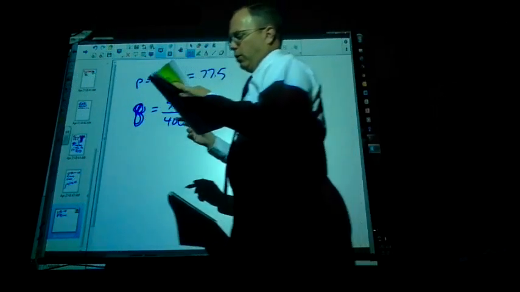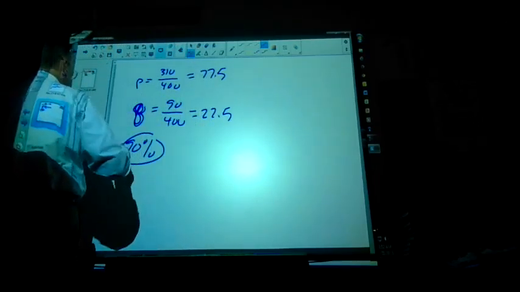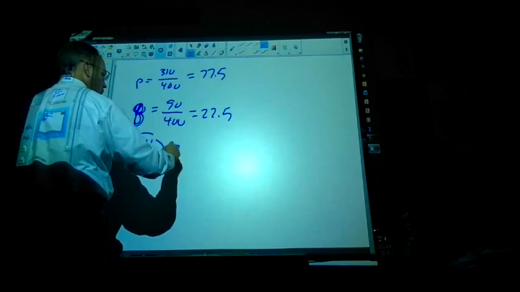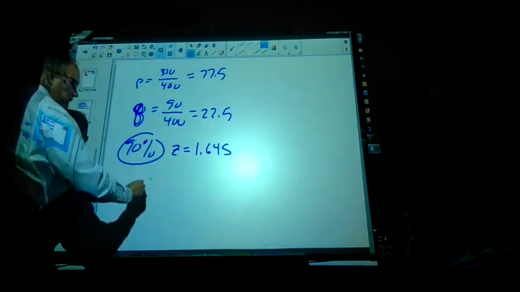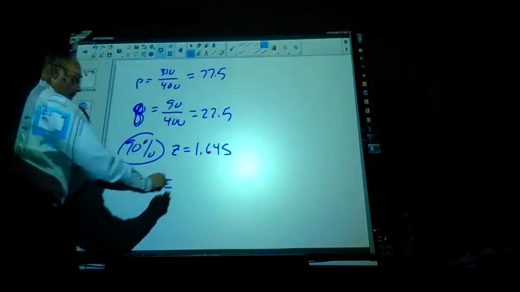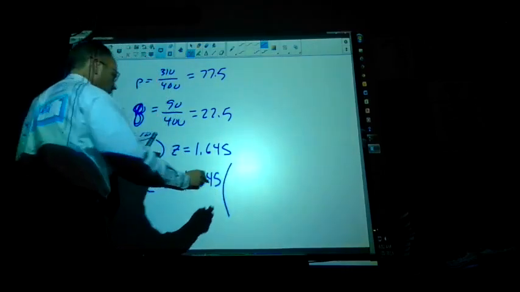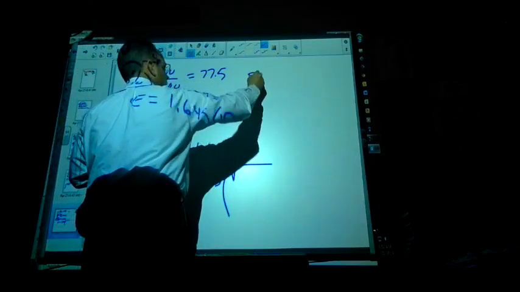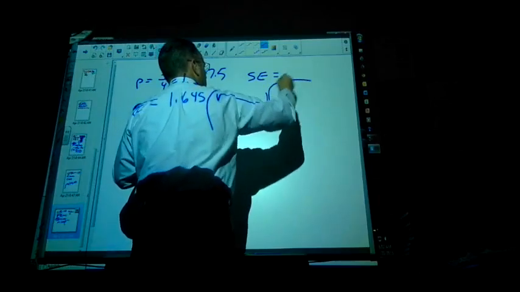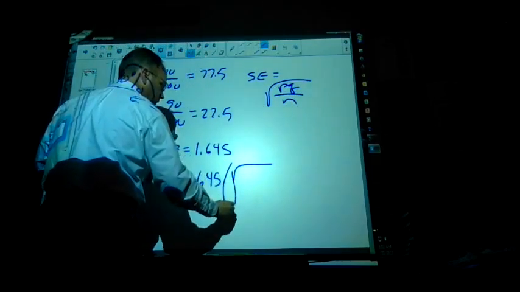Which means if you created your 90% interval, talking about 400 people, your z-score is going to be 1.645, and you can plug this in to figure out E pretty easily. 1.645 times your standard error, which is the square root of P times Q over N. Remember this. So we're going to do that on this one as well.